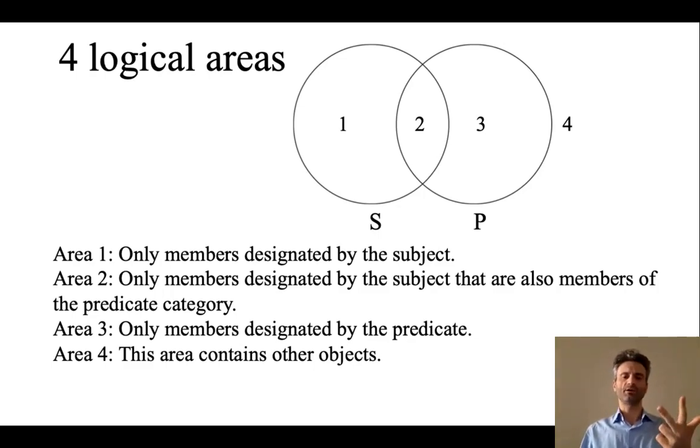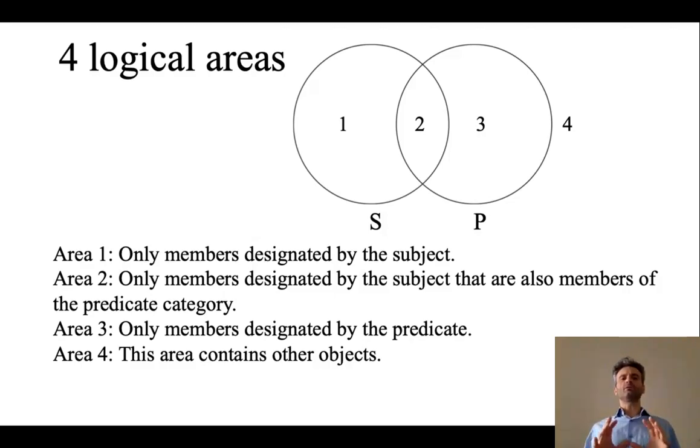Or number three, some blonde people are beautiful things. Or number four, some blonde people are not beautiful things. So these four forms are A, E, I, and O. All of them, none, some, some are not.